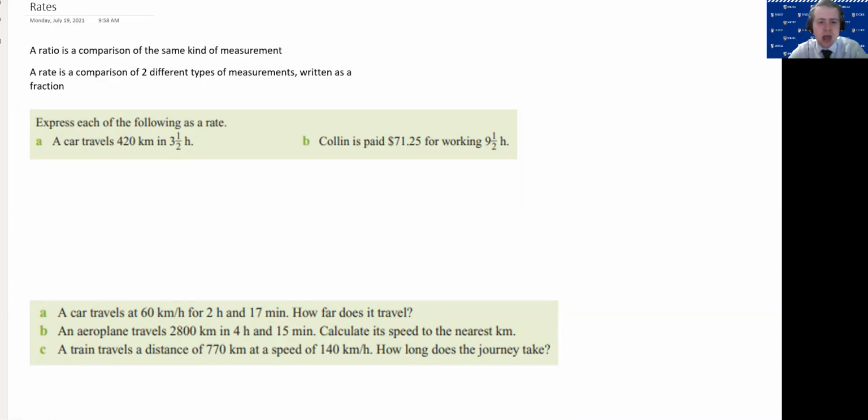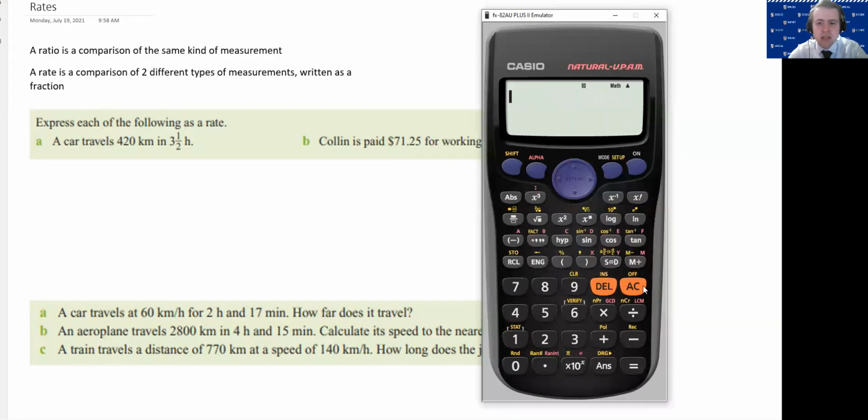Okay, so let's do this first example here. Express each of the following as a rate. A car travels 420 kilometers in 3.5 hours. All we need to do is divide the first quantity by the second quantity, and we'll then have our answer as a rate. So if I go 420 divided by 3.5, I then get this answer, 120.